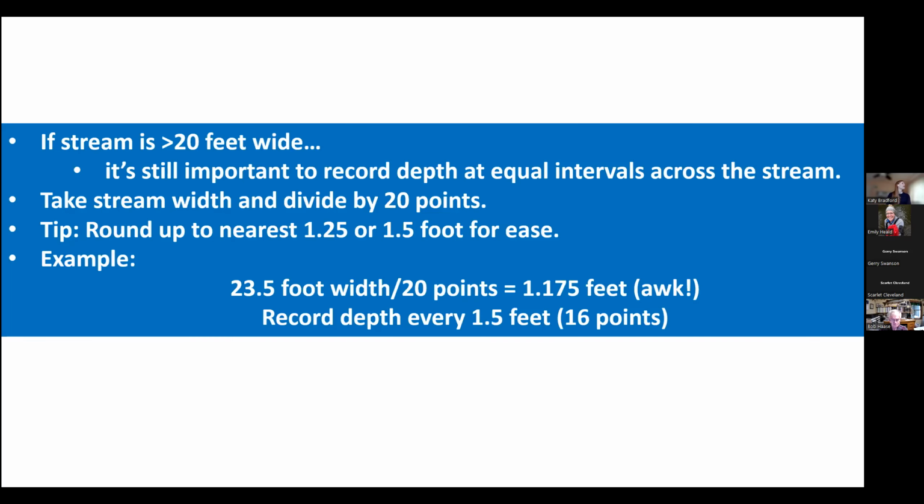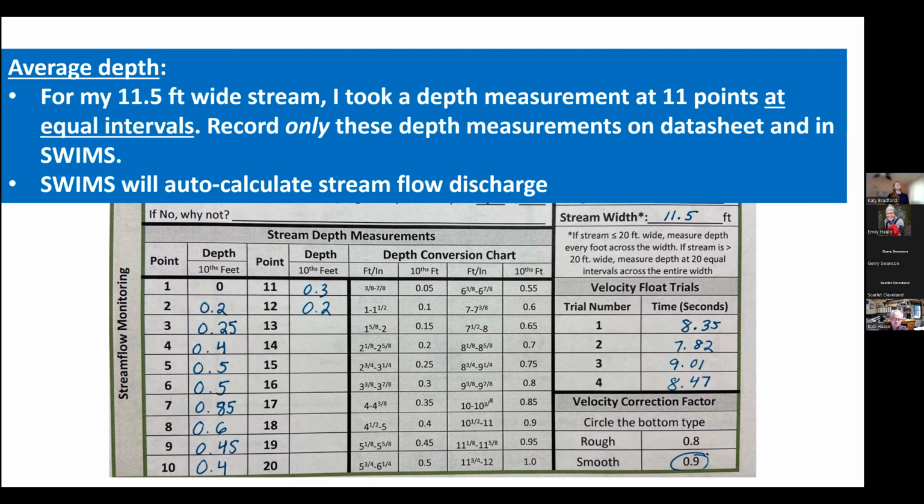The reason we have that 0 there is because anytime you're taking a depth measurement with your net, you're actually taking an average of depth on 6 inches on either side of that. So if you were to draw this out on a piece of paper, there would be a gap on either side of the stream because you're starting 1 foot in. That's what that 0 is representing. It's representing the depth of water at the stream banks, basically.